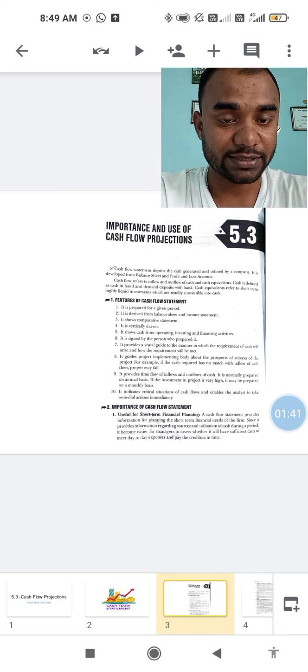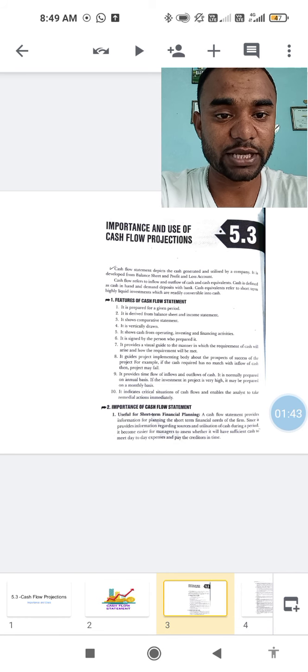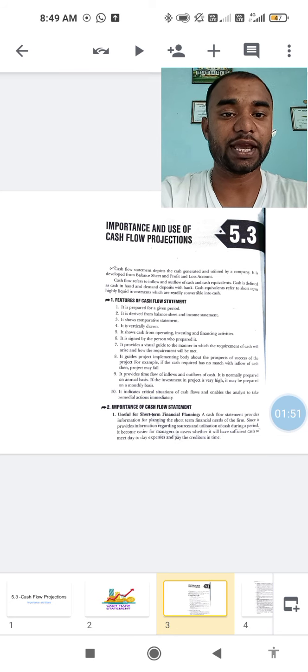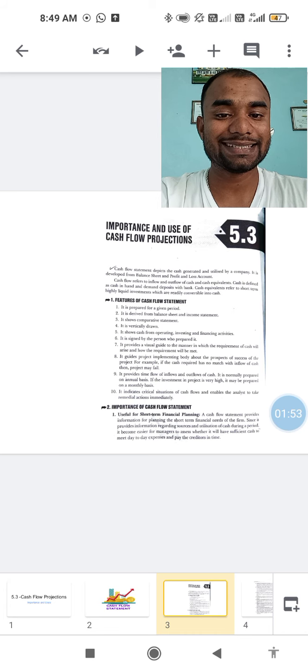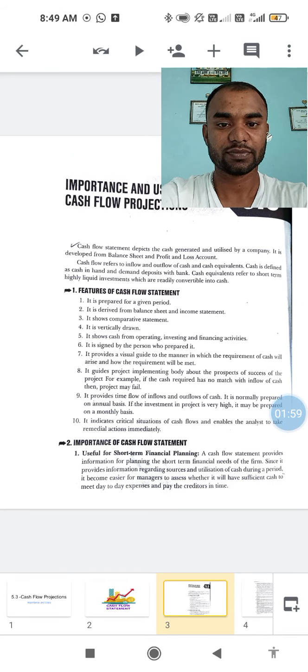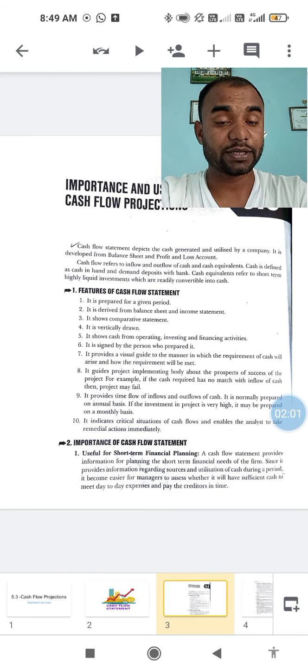And let's see what the definition says about a cash flow statement. A cash flow statement depicts the cash generated and utilized by a company. It is depicted from a balance sheet and a profit and loss account.